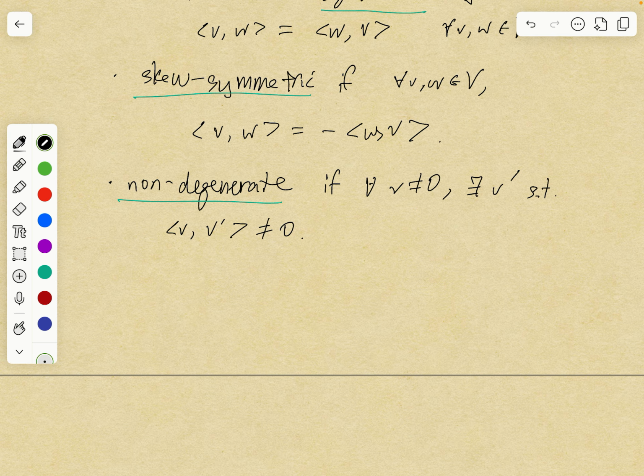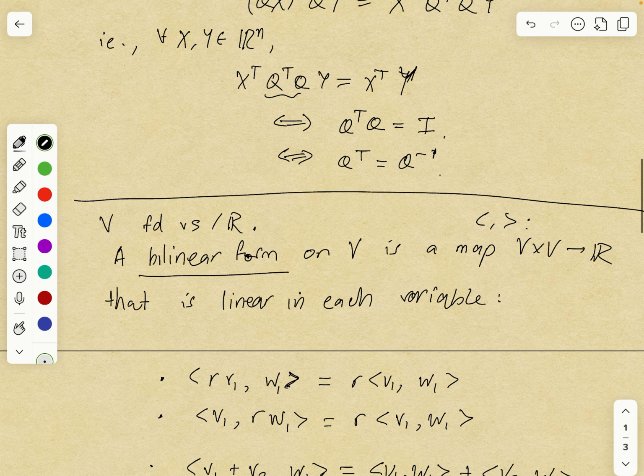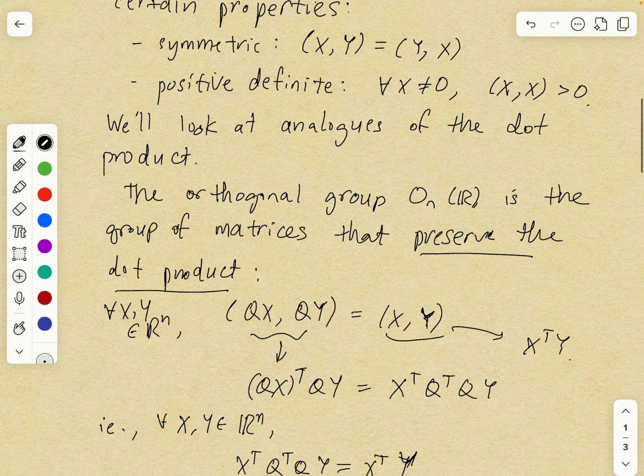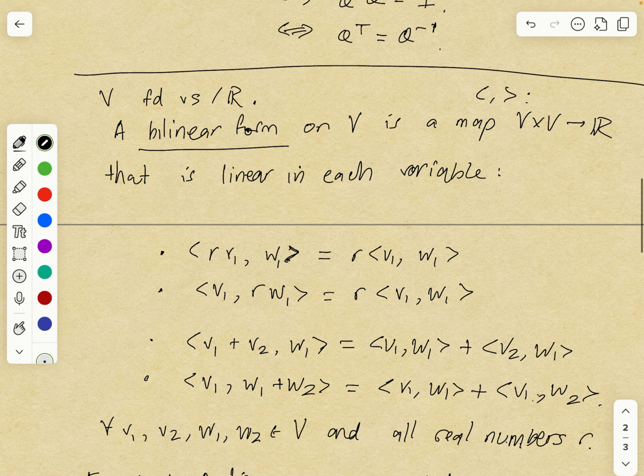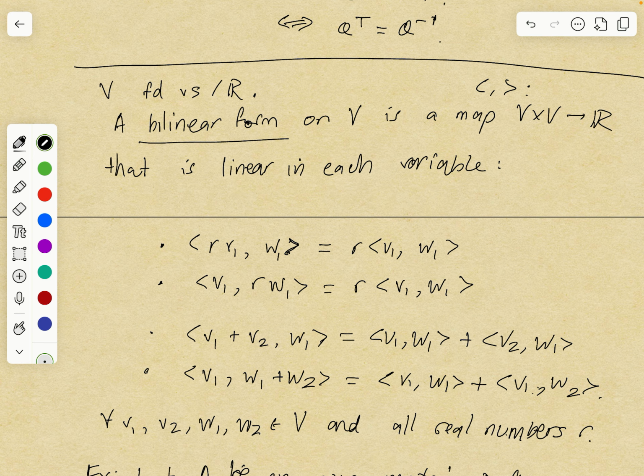Just like we have the orthogonal group when you have the dot product, the group of matrices that preserve the dot product, here we have Rn when we're talking about the dot product. But when we're talking about bilinear forms, we have just a vector space without a fixed basis. So we have to talk about linear transformations from V into V instead of matrices.